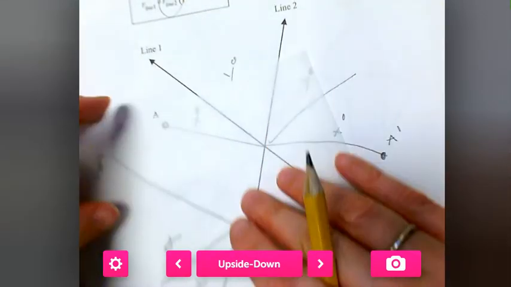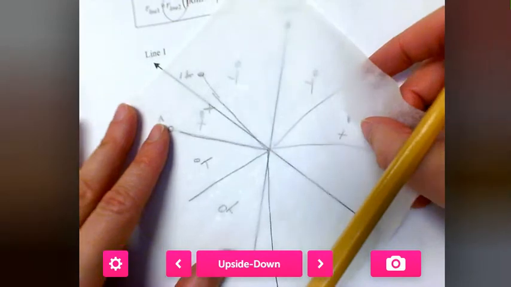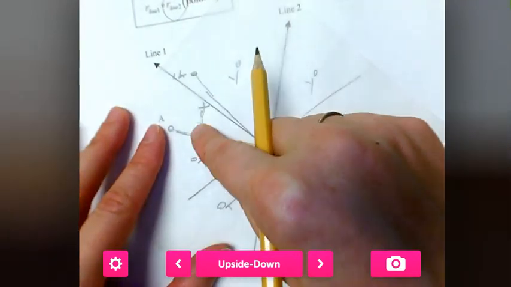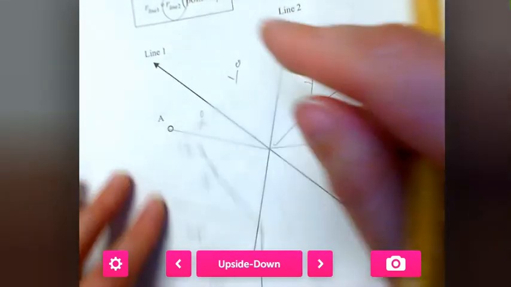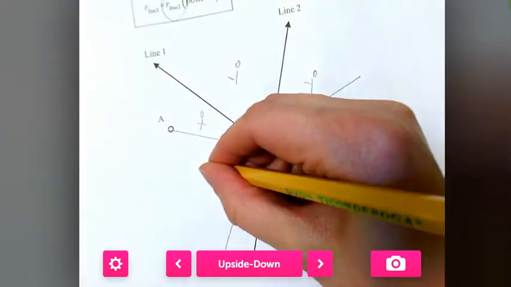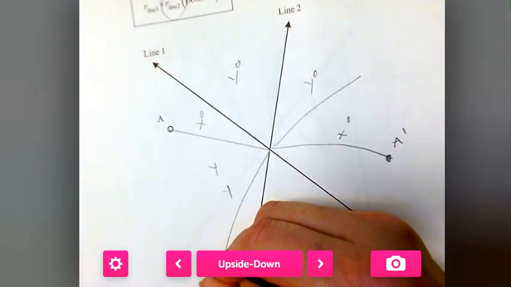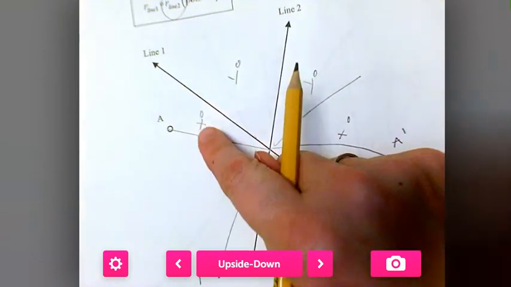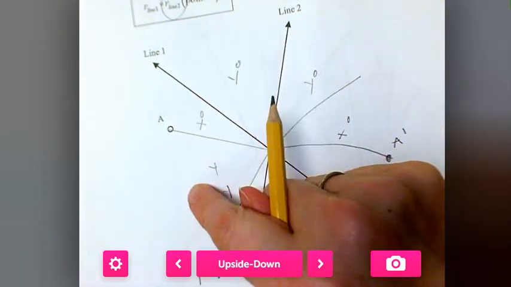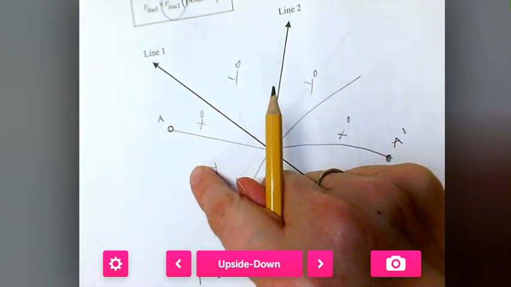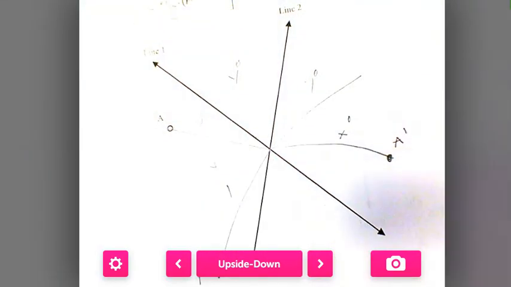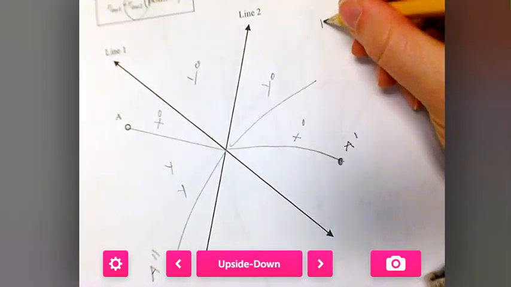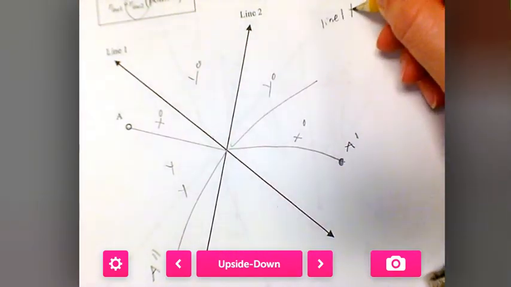Okay? But we're going to kind of look at it this way, where the X and the X overlap. So we just have Y and Y to get my A double prime. Because when the X's overlap, we don't need to write an X over here. They overlapped each other. Okay. What's the distance between line 1 to line 2?